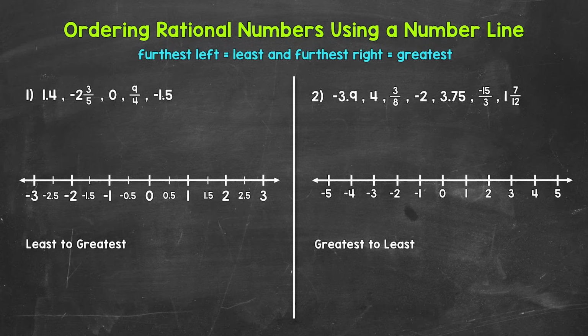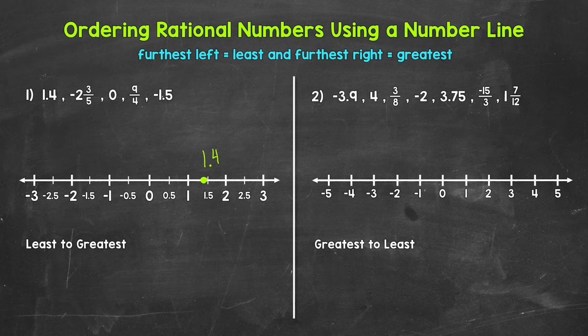Let's start with 1 and 4 tenths. Well, 1 and 4 tenths is just 1 tenth less than 1 and 5 tenths, 1 and a half. So let's put 1 and 4 tenths right here. Next, we have negative 2 and 3 fifths. So we have a mixed number involving a fraction.